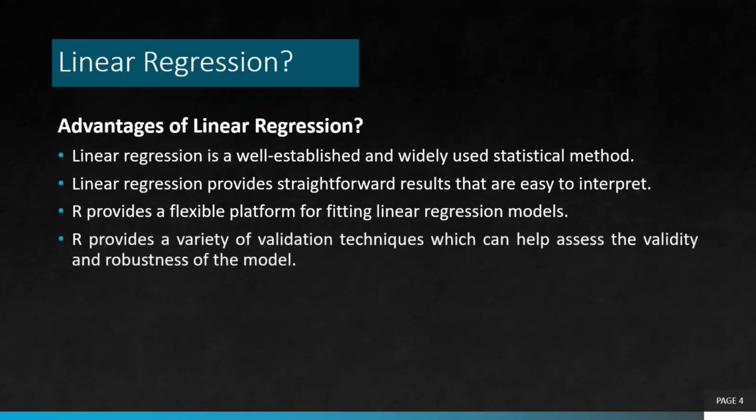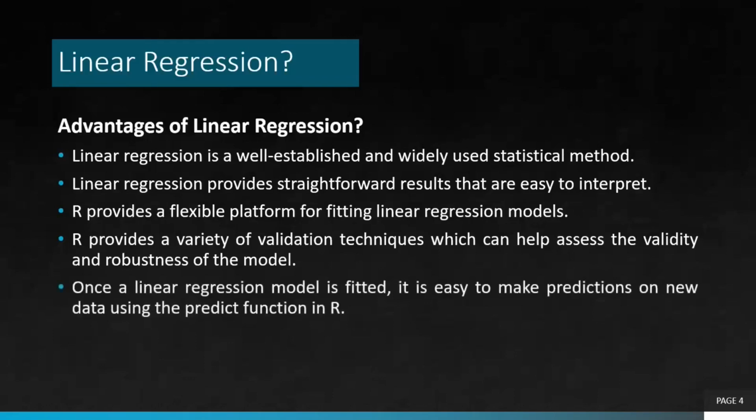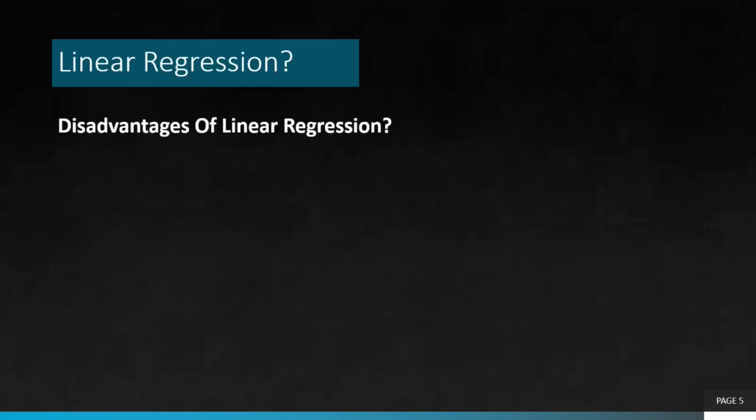R also provides a variety of validation techniques which can help assess the validity and robustness of the model. Once a linear regression model is fitted, it's easy to make predictions on new data using the predict function in R.